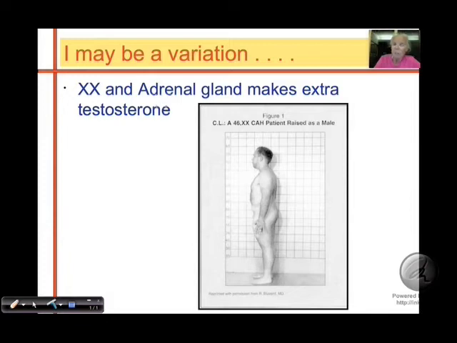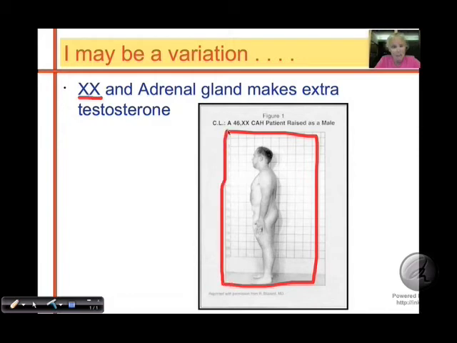Even once they're born, that adrenal gland continues to pour out those androgens. And so, under the influence of all that testosterone, an individual who is XX can look very much like this individual here. I would probably look at this individual and say, that person looks like a male, and he was raised as a male.